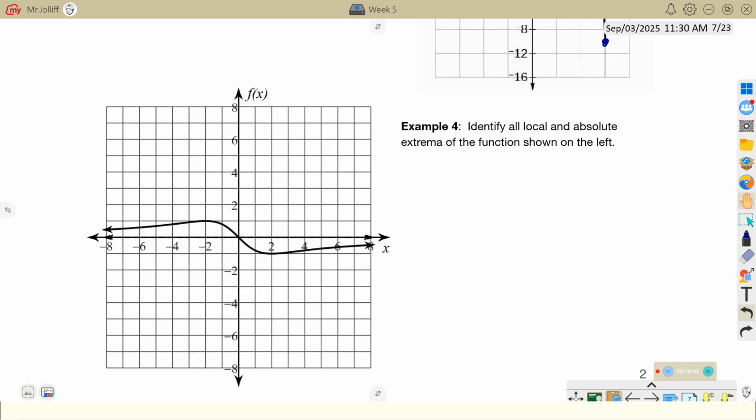So start by just making dots where you think the tops and bottoms of valleys are. So in this picture, where's the top of a peak? So make a dot. Perfect. Bottom of a valley. Right there. Perfect. And then just identify the coordinates at that point. Good. There you go.